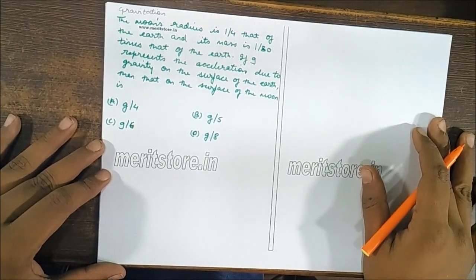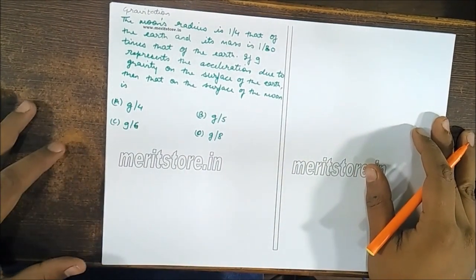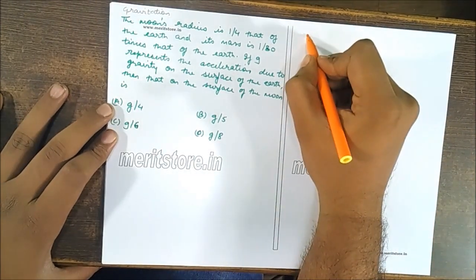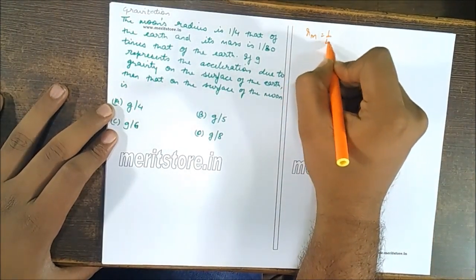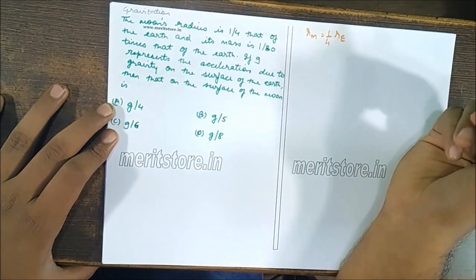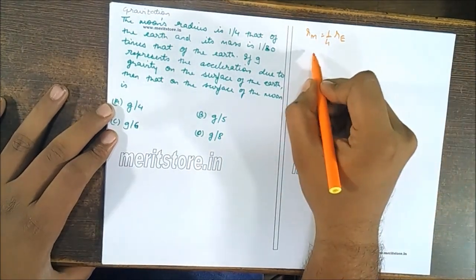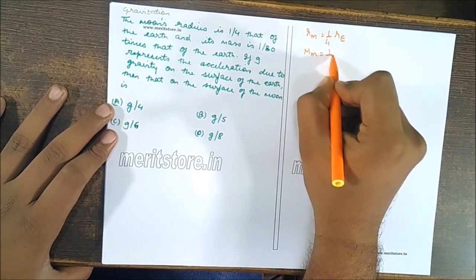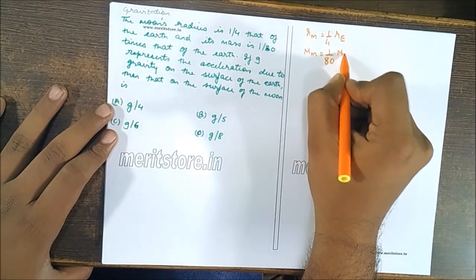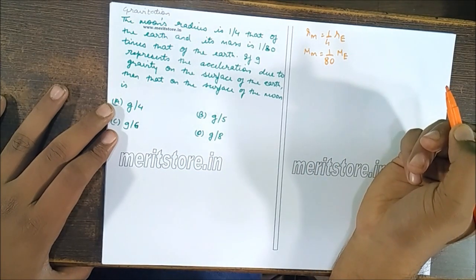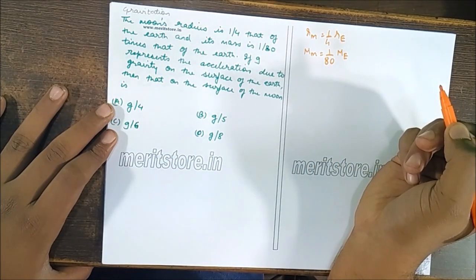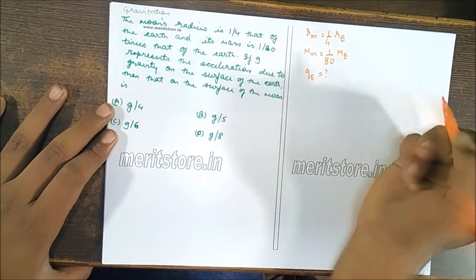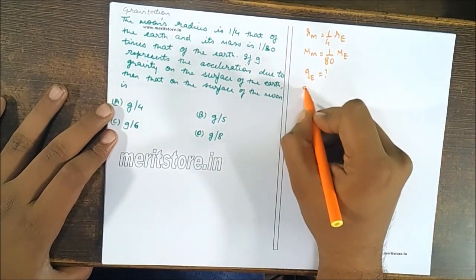Now the next question. The moon's radius is 1 by 4 that of the earth. That means r of moon is 1 by 4 that of r of earth, and mass is 1 by 80 times that of earth. That means mass of moon is 1 upon 80 times mass of earth. If g represents the acceleration due to gravity on the surface of earth, then that on the surface of moon is.